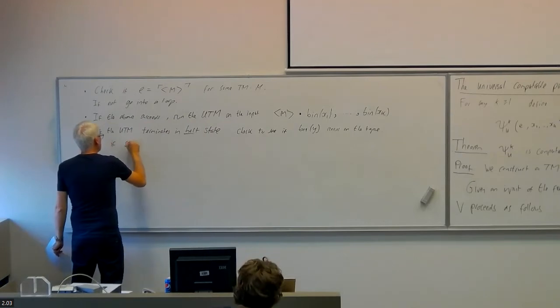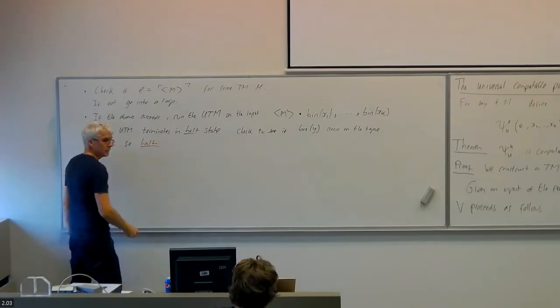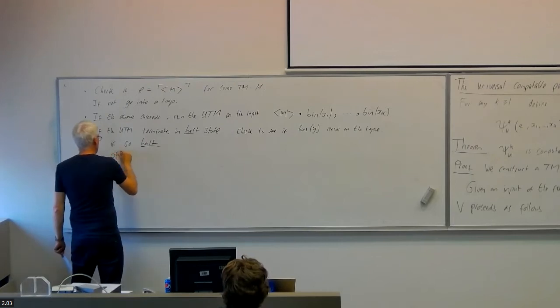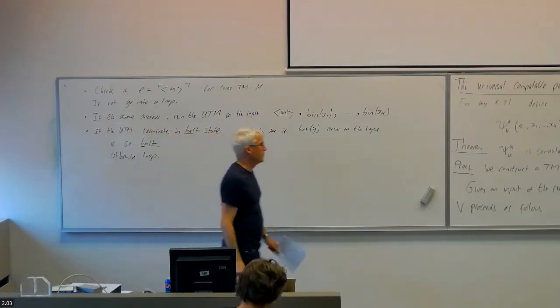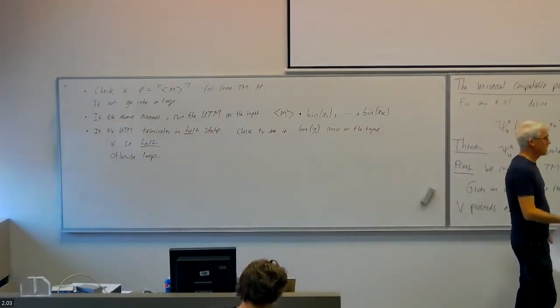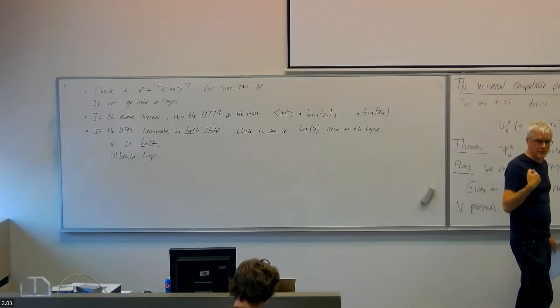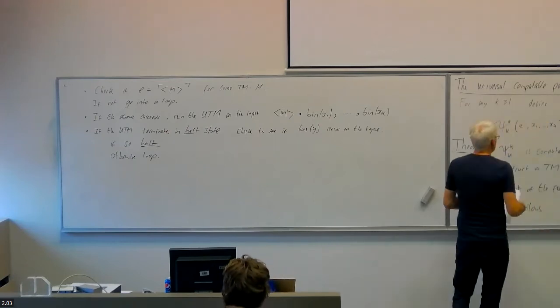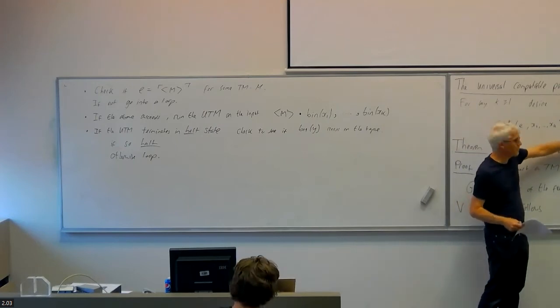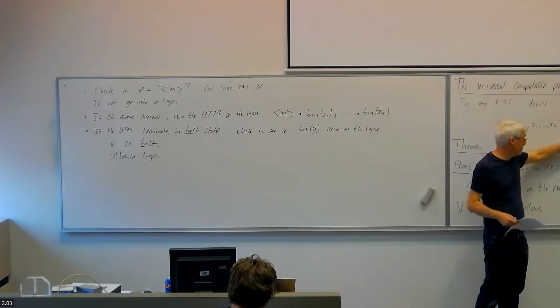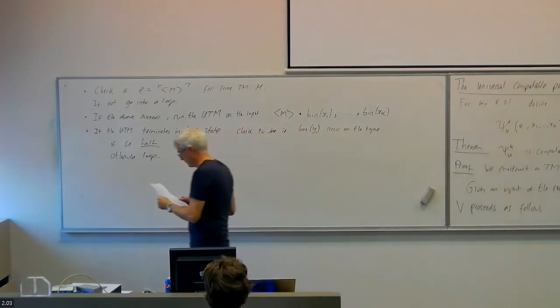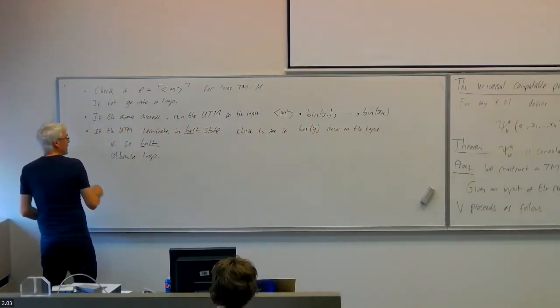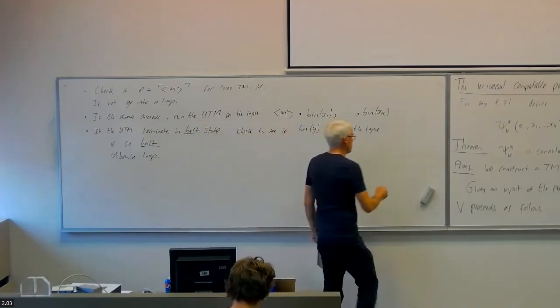If so, halt, because we've got an output, otherwise loop. Basically, this recipe uses the universal Turing machine to simulate the way we define these phi sub E functions, as each phi sub E is the partial function computed by the Turing machine with numerical code E. Okay, so that is the universal computable partial function.